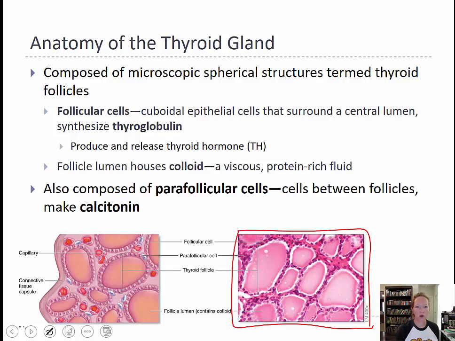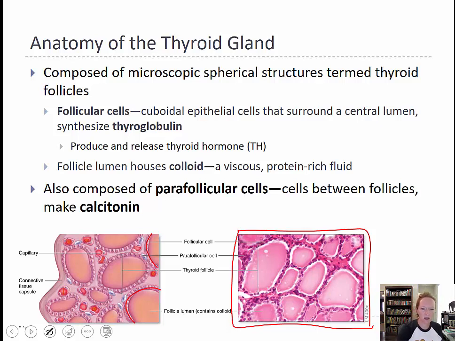Thyroid follicles are going to be composed of two main structures. Thyroid follicles are going to be made up of these follicular cells right here. They're basically those simple cuboidal cells that you are looking at right there.